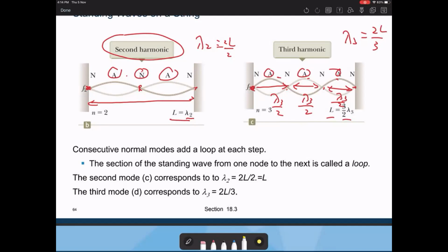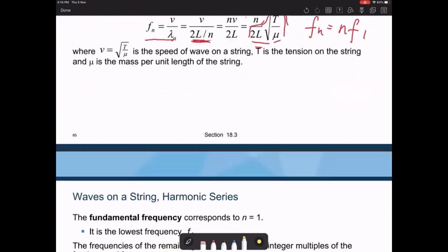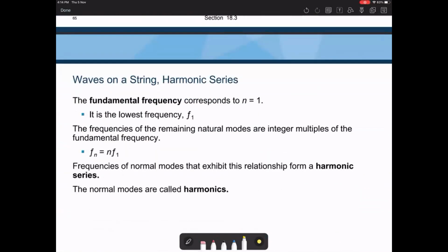Now, how is it related to our daily life? So this is just what I have described. The fundamental frequency corresponds to n equals 1, and it has the lowest frequency. All the other natural modes would be multiples of the fundamental frequency.